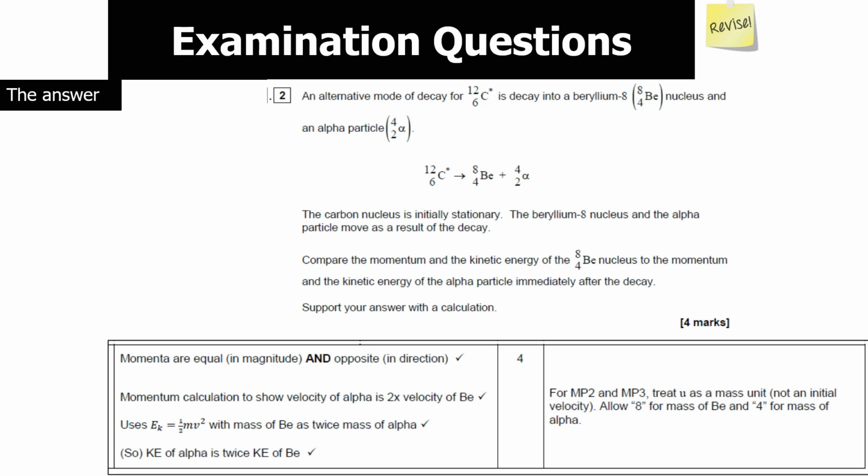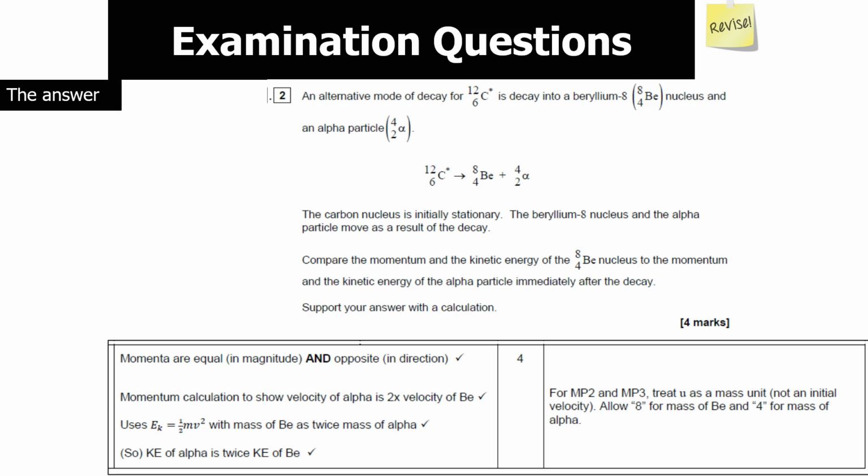If the momentum is the same for both, then the velocity of the alpha particle must be 2 times the velocity of the beryllium. We see that because the mass times velocity of both must equal each other, and the mass of the beryllium is double that of the alpha particle from the information given, 8 and 4. So the velocity of the alpha must be double that of the beryllium.